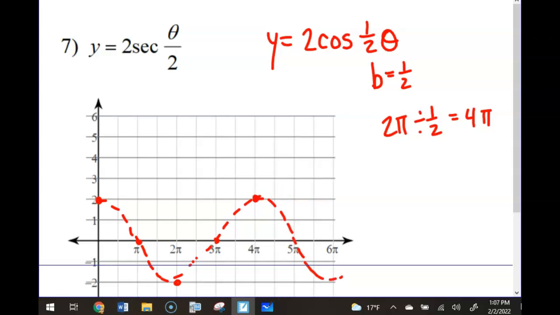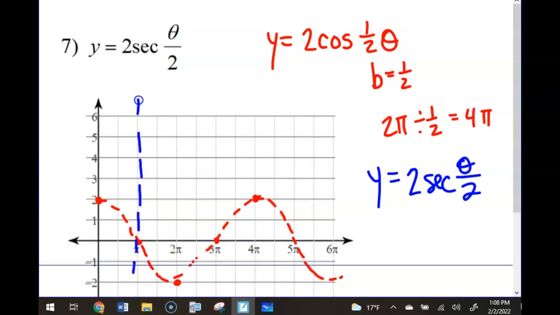Okay, what do we do to that to change it into a 2 secant of 1/2 theta? Where it was crossing the x, I'm going to put what? An asymptote at x equals pi. Where's the next asymptote? 3 pi and 5 pi?